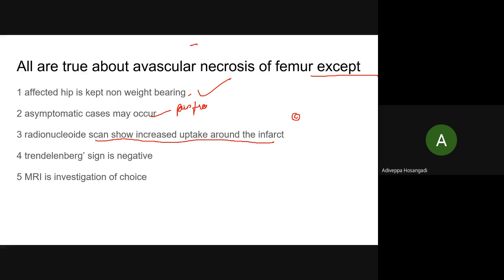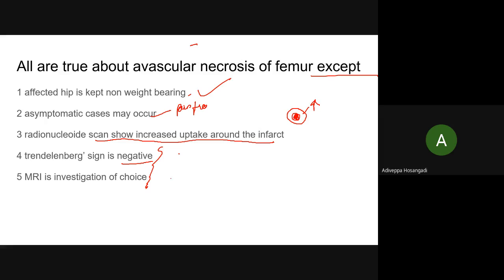There is a cold spot at the necrosis site, but around it there is definitely increased uptake. No doubt about that. Trendelenburg sign is negative, so it's positive. Now you are stuck between these two. MRI is the investigation of choice.